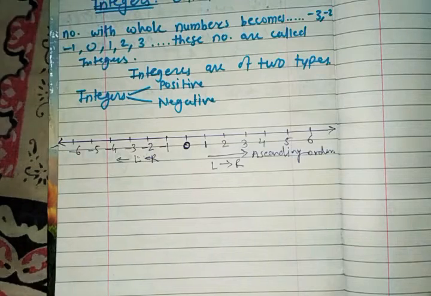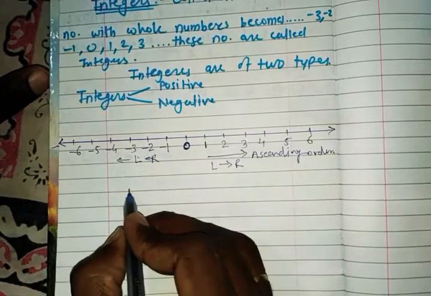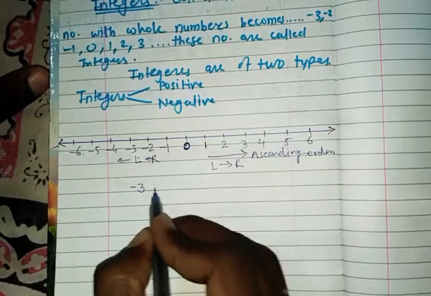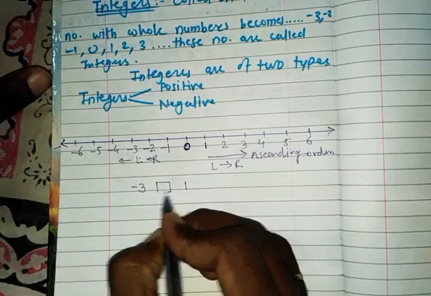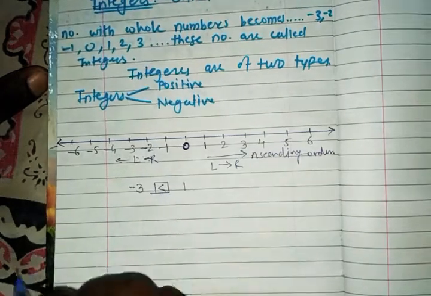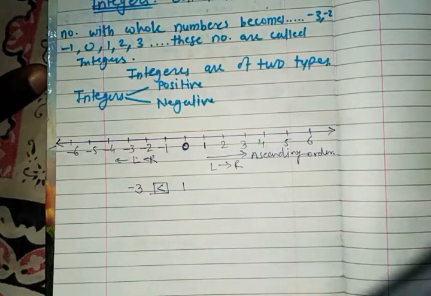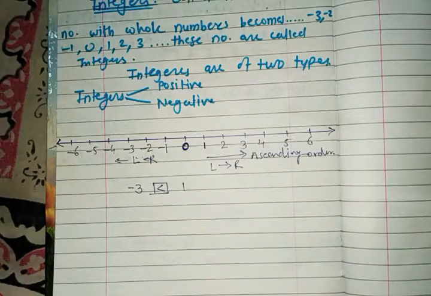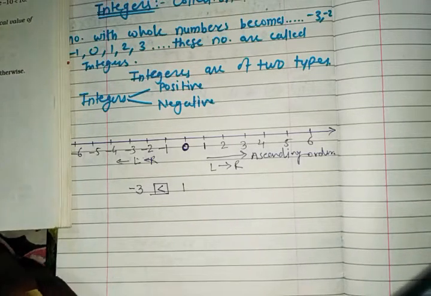So what does it mean? It means that if we compare the two numbers -3 and 1, the number 1 is greater, because positive numbers are greater than the negative numbers. So from this representation, we can learn so many things.